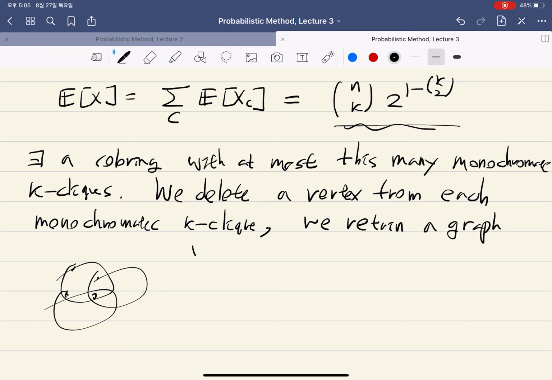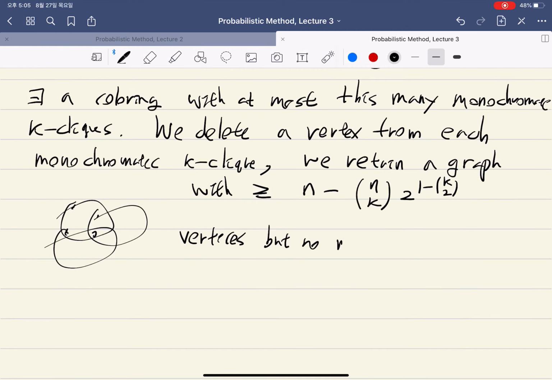a graph with at least n minus how many we deleted, n choose k times 2 to the 1 minus k choose 2, vertices, but no monochromatic k-cliques.